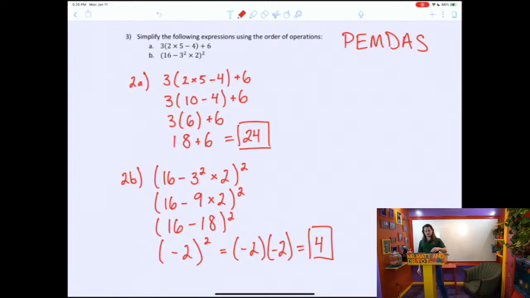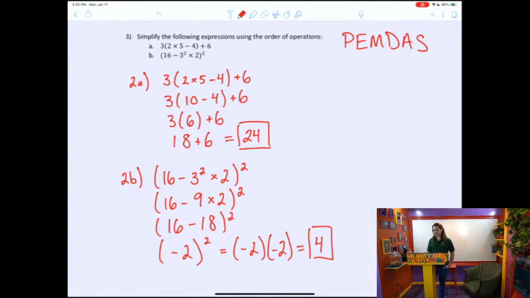Okay, so the first letter in the acronym PEMDAS is parentheses, so we know that we have to work within parentheses if there are any first. In A, we have the parentheses including 2 times 5 minus 4. Now we have multiplication and then we have subtraction.